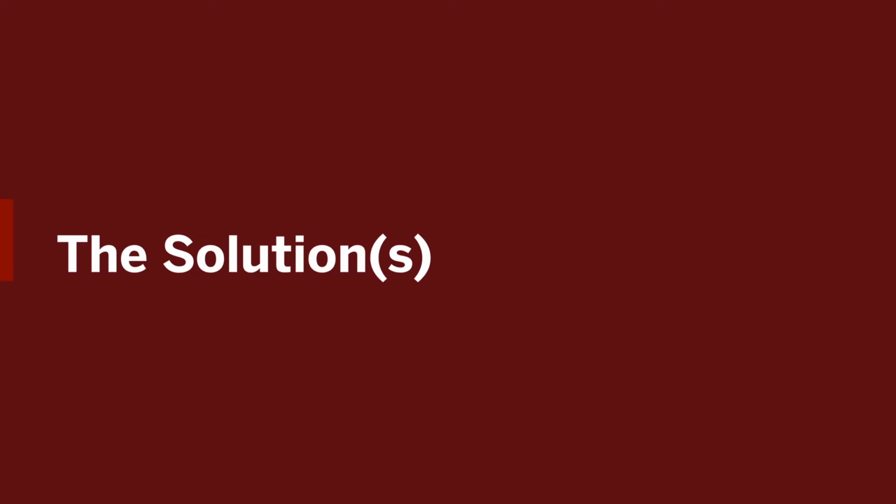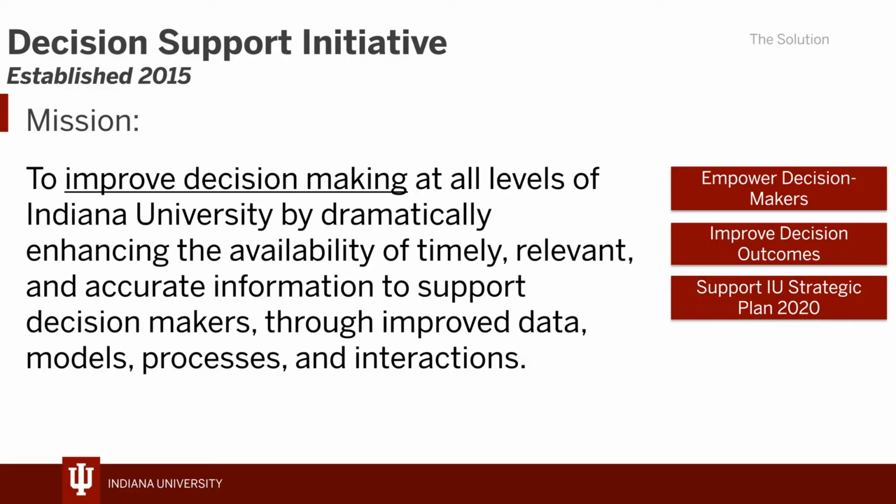We knew that we needed to make some improvement. So what did the solution look like, and where did we start? Well, fortunately, our former CIO also did his doctorate work in data warehousing, and so he was well-versed in the topic. And so he established what we call the Decision Support Initiative. Overall, this goal was to improve decision-making at all levels of the university.